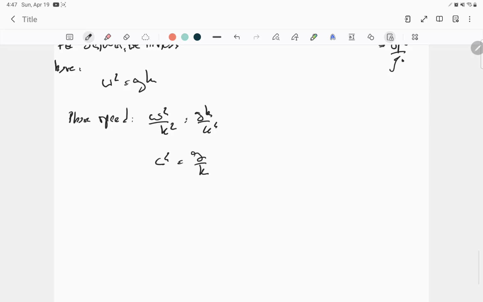And as a reminder, lambda, the wavelength of the waves, is 2 pi over k. So we can write this as g divided by 2 pi over lambda. Or c is equal to the square root of lambda over 2 pi times g.